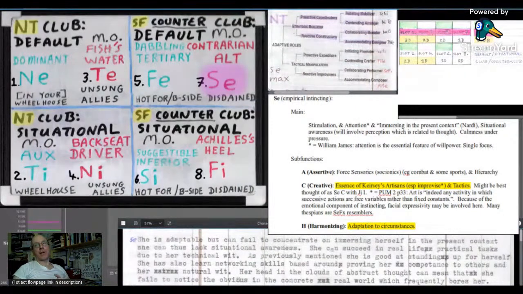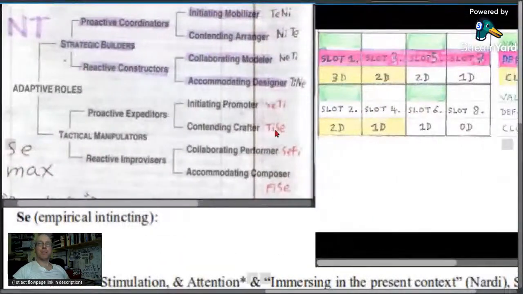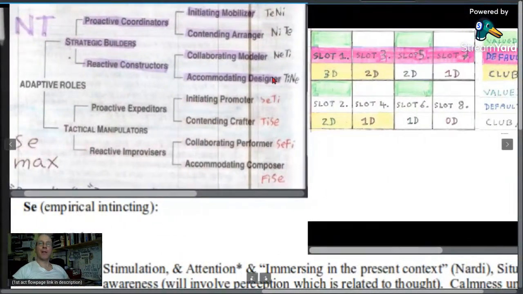Oh yes, look, I've put this up here. So, some examples of if we think about ENTP enacting some of these roles which require SE. So the promoter. Yeah, you could do ENTP going out there and promoting a scheme, selling something that's not true, or a theory that's not true.